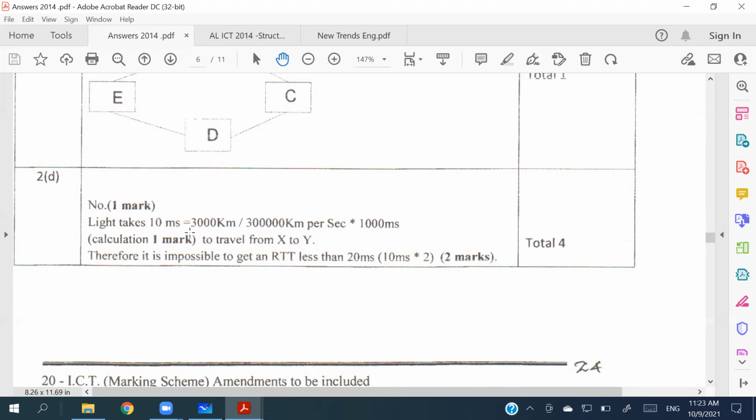Therefore, MRTT is providing something less, so it is unreliable. However, for any kind of argument saying it is not reliable, 1 mark is given. For proving the fact, 3 marks are given.